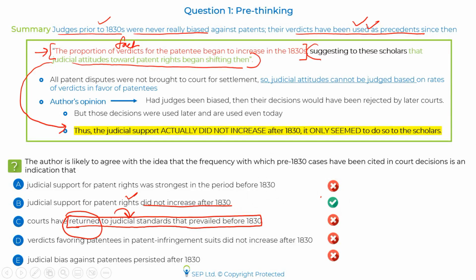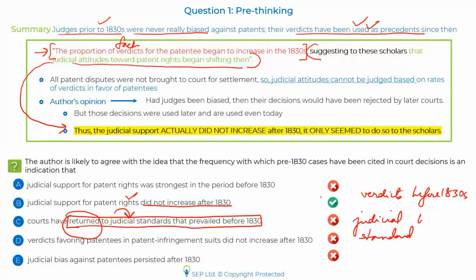Remember, verdicts before the 1830s, and judicial standards. A standard is not a verdict. Standards before the 1830s. The author is talking about this, not about this.